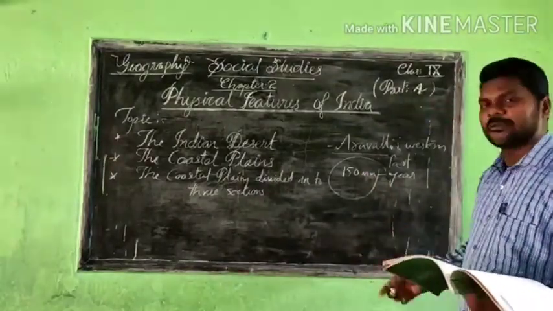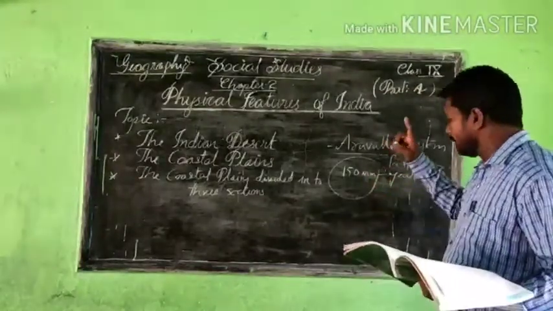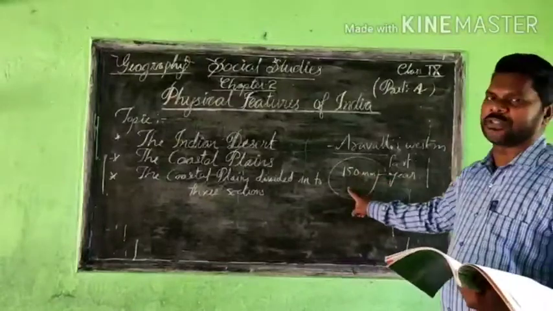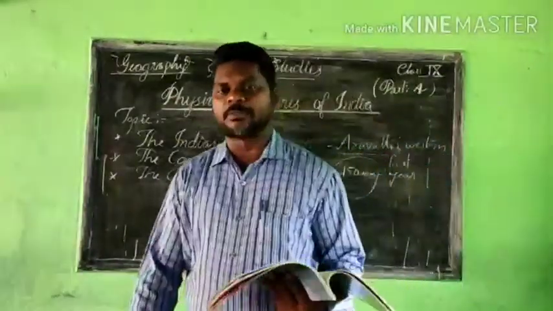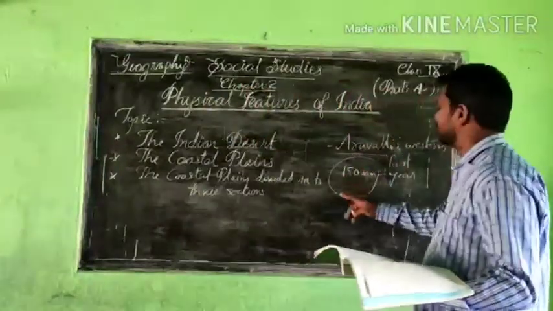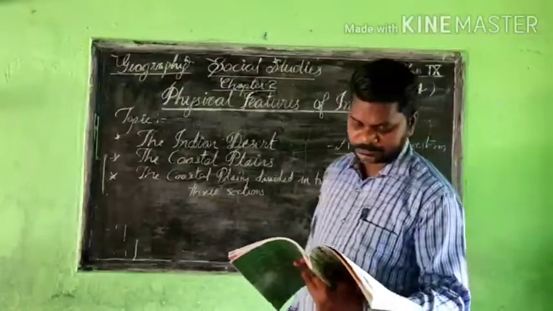Sometimes it may increase a little, but altogether we can say they get about 150 mm of rain in certain areas.